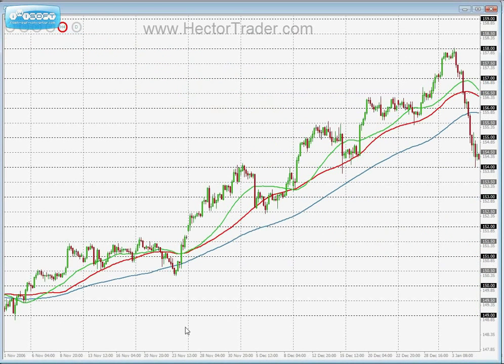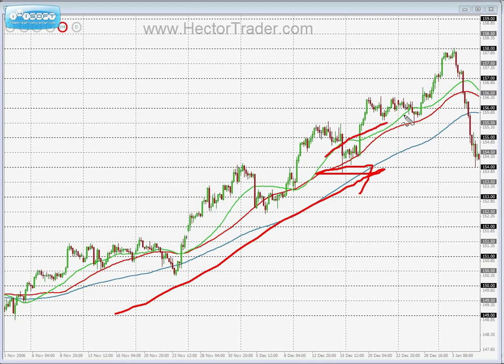In this case it is the euro against the JPY on the 4 hours time frame. First of all, what do we have here? Well, we have a clear uptrend, don't we? Moving averages nicely pointing up, price nowhere near the 100 until this point.